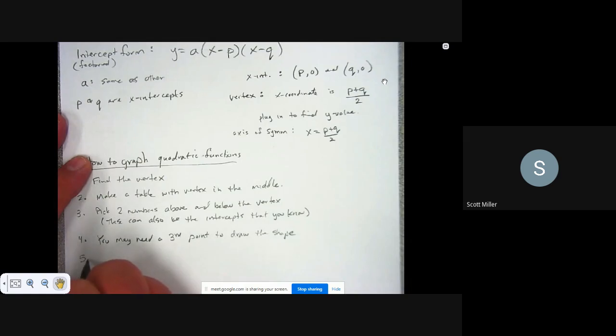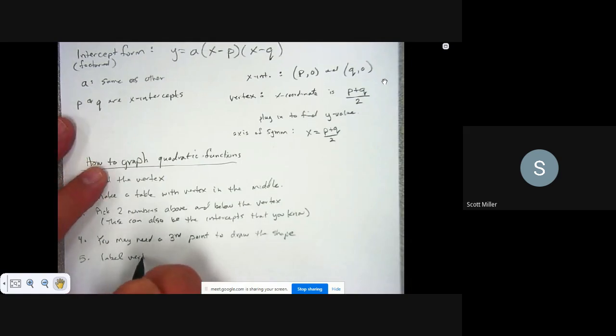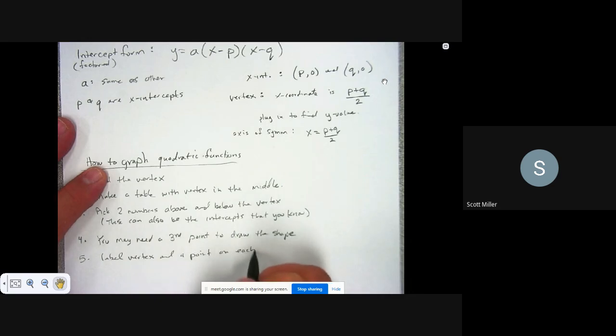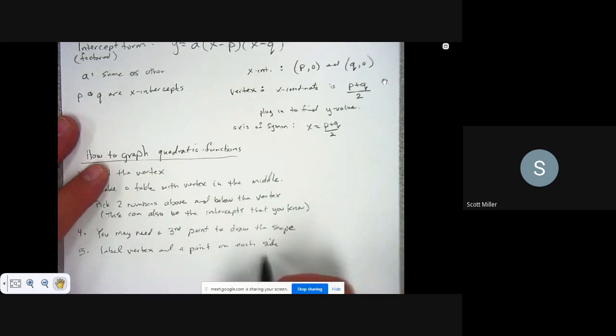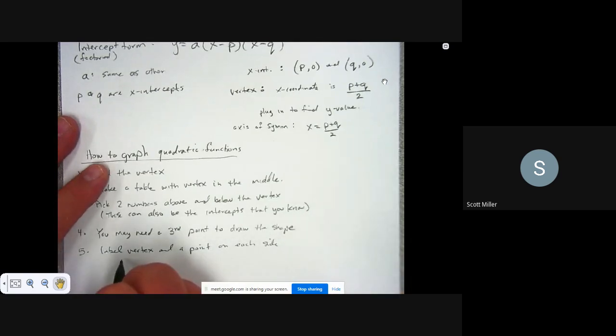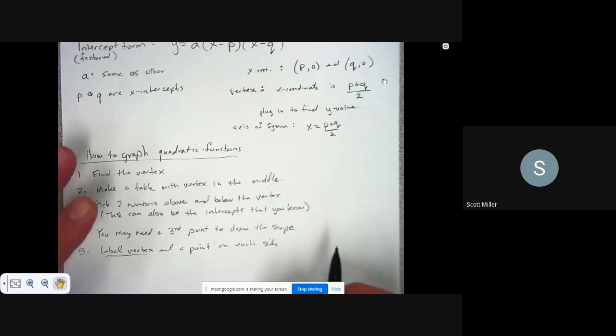All right? And the last one is you need to label the vertex, okay, and a point on each side. And these can also be the intercepts if you know them. Okay? So label the vertex and a point on each side as a proper labeling.